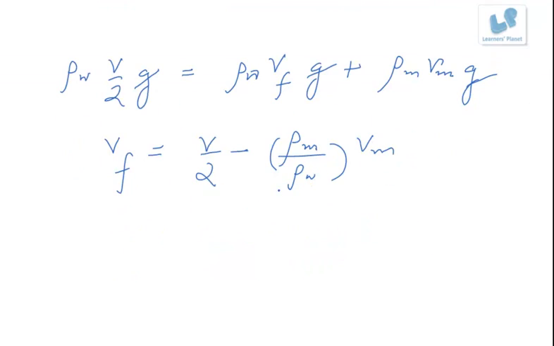Now we are given the relative density of metal as rho c. So this is rho c times Vm.